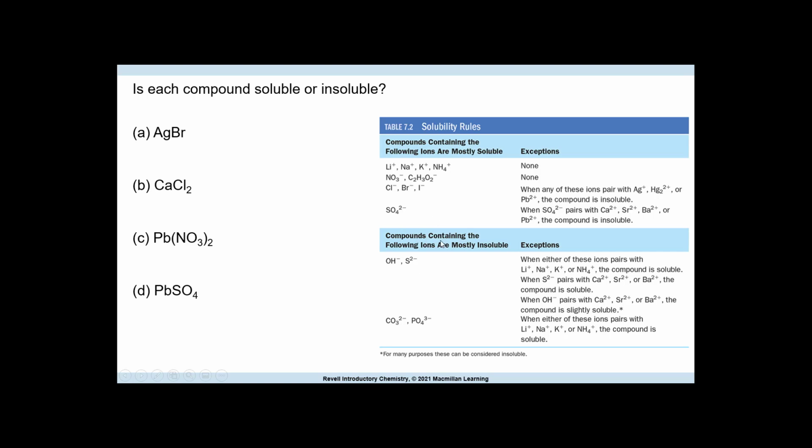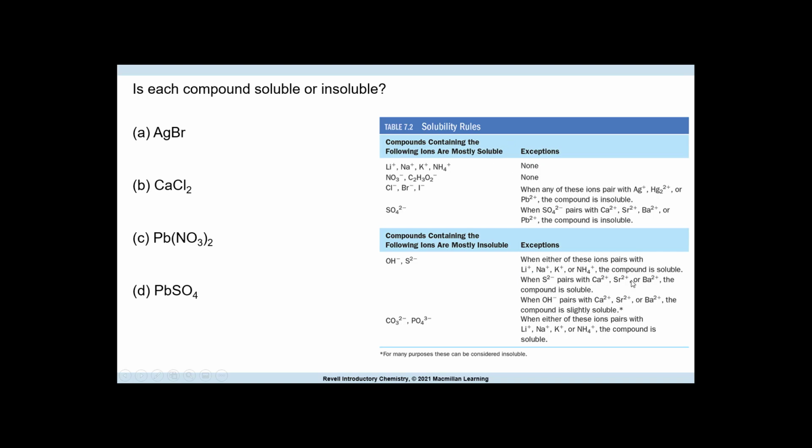Now, let's look at this bottom part. Compounds containing these are mostly insoluble. So if they are attached, they are not going to dissolve. If you have anything attached to hydroxide or sulfide, it is insoluble, except for these, which will dissolve. Where these mean they don't dissolve, these mean they will. When either of these ions are paired with any of these above, it's soluble, which already matches this.